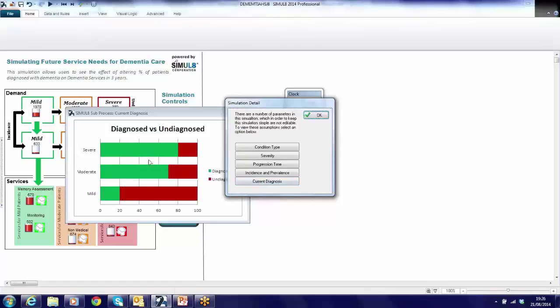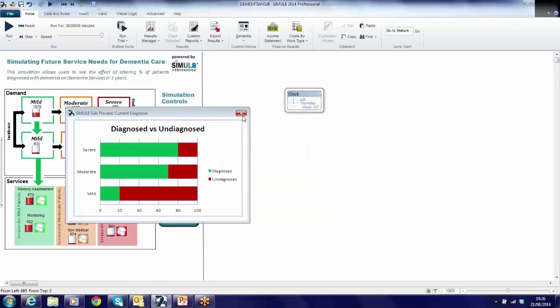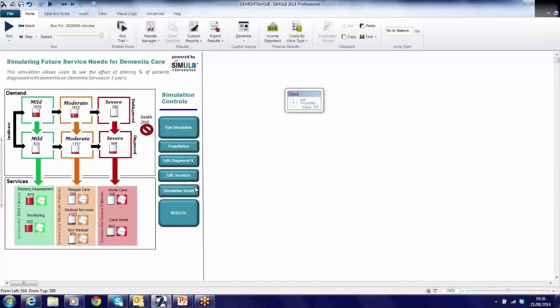And we start the model with people in their current stage of diagnosis, whether they're diagnosed or undiagnosed, whether they're severe, moderate or mild. So from day one, you've obviously got people in this model. All of that really is the rules that govern how people move from state to state in the model, and the services that they use.